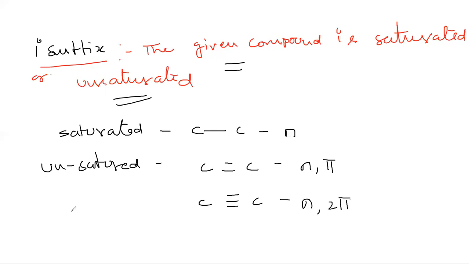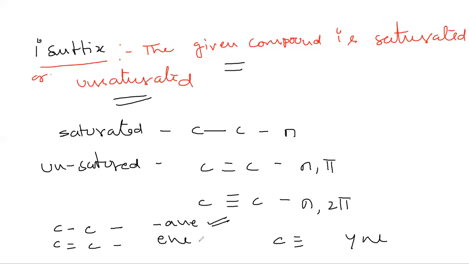Suppose your compound has only C-C single bonds, then it ends with ane. If your compound has a C=C double bond, it ends with ene. And if your compound has a C≡C triple bond, it ends with yne. So this is the saturated one, and these two are unsaturated.